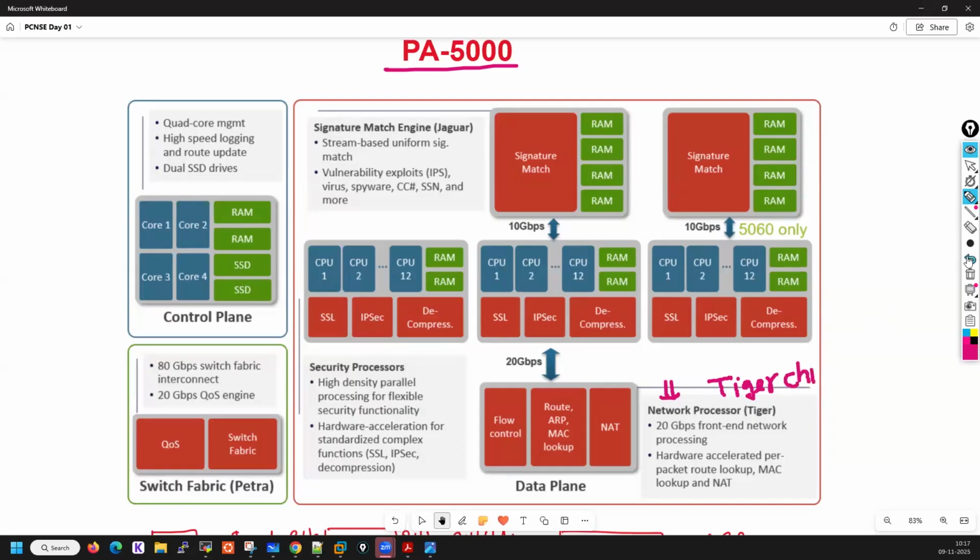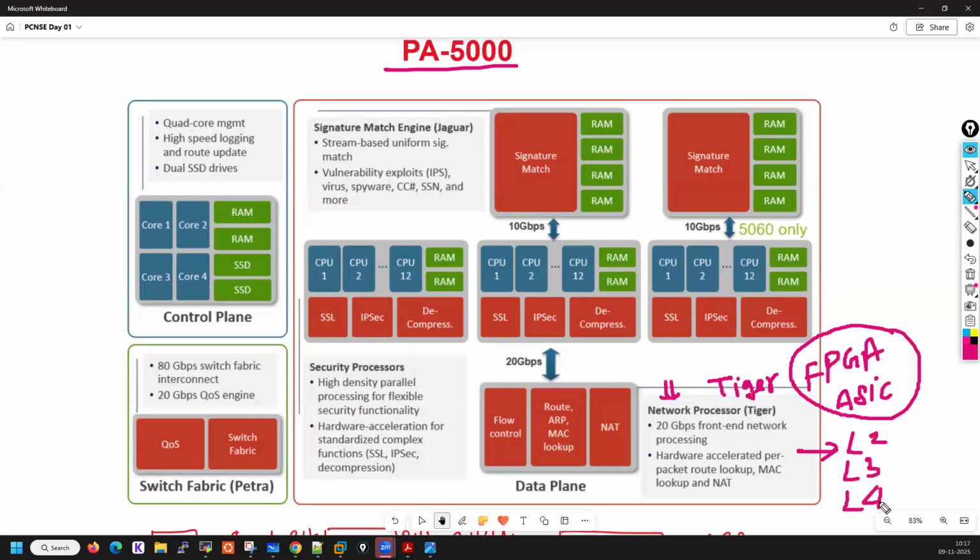So I will not mention here as a chip. It's an FPGA, which stands for Field Programmable Gate Array, or ASIC. It is a kind of chip only. Okay. So the chip name was network processor. A network processor can understand the layer 2 information of the packet, layer 3 information of the packet, and layer 4 information of the packet.